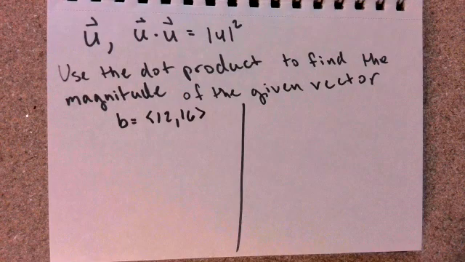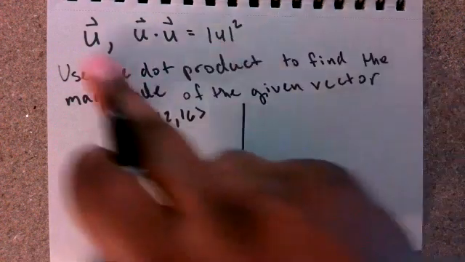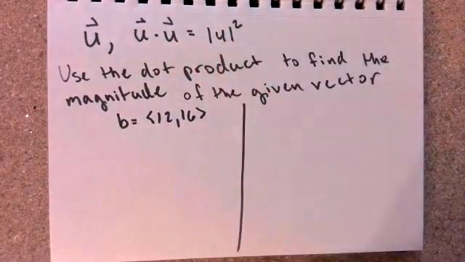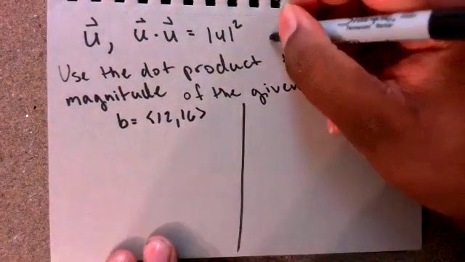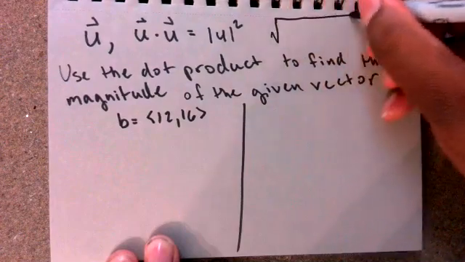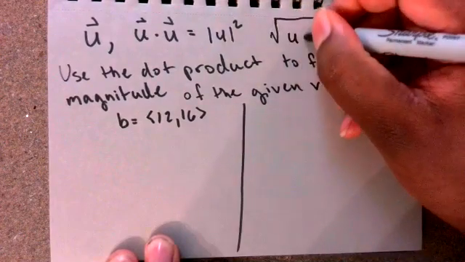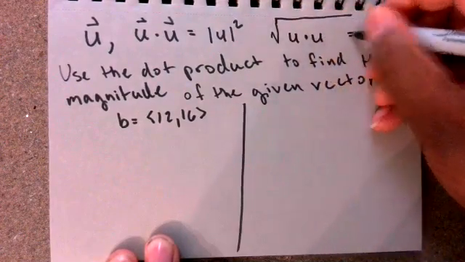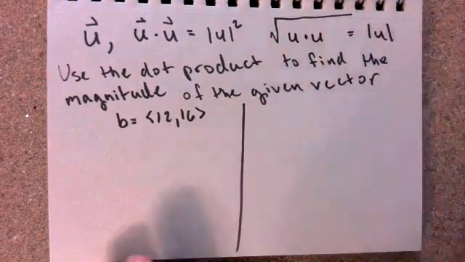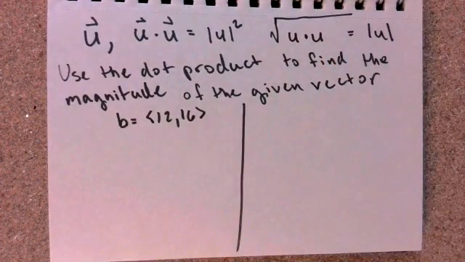Okay, well, let's think about this for a second. If u dotted with u is the magnitude of u squared, then the square root of u dotted with itself is just the magnitude of u. So I'm going to use this when doing these problems.